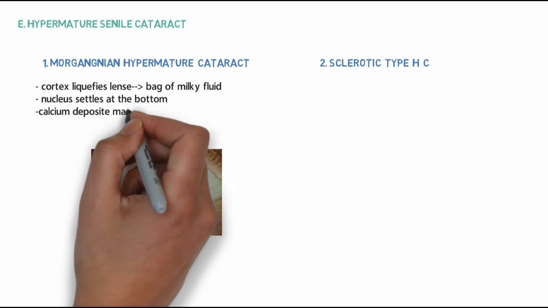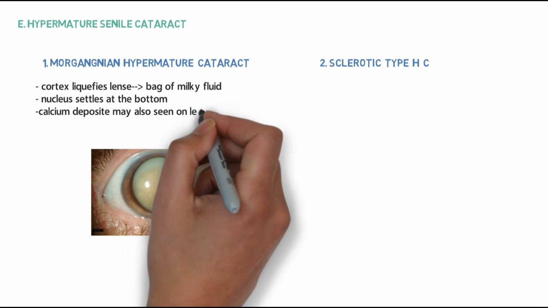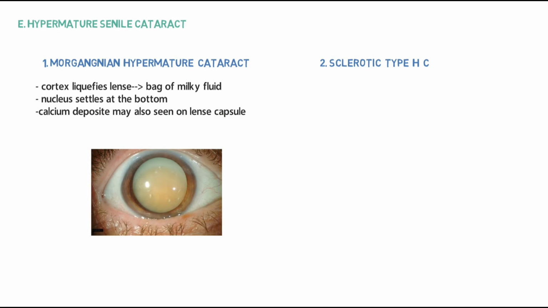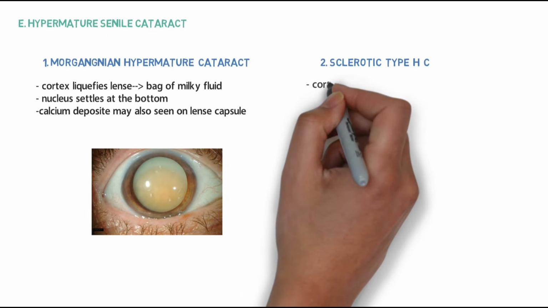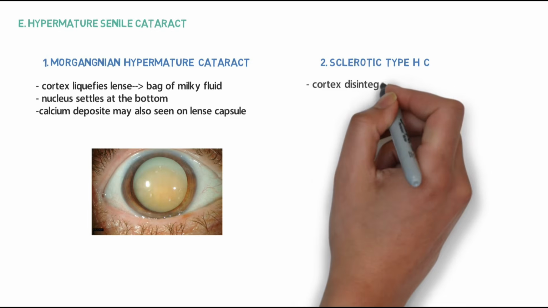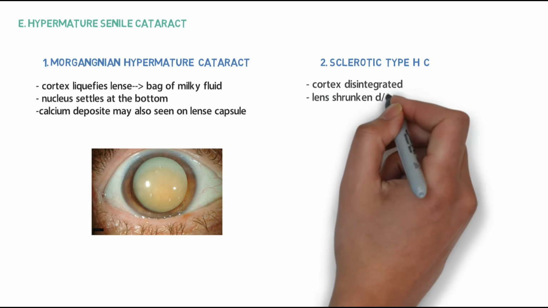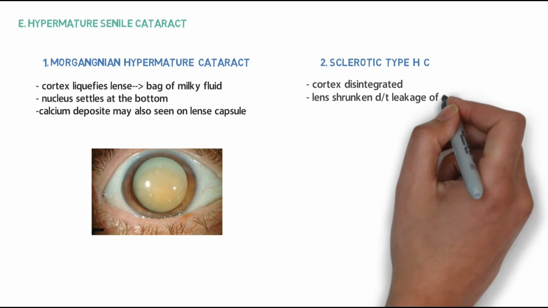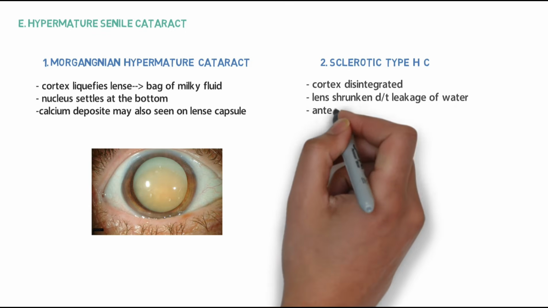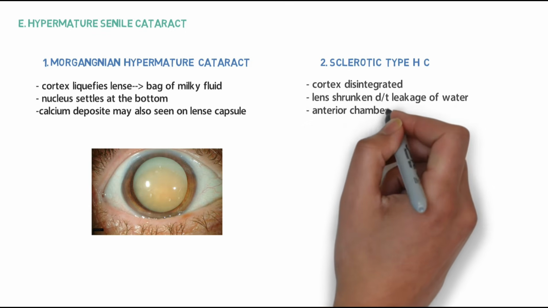The other one is sclerotic type of hypermature cataract, in which the cortex is disintegrated and the lens becomes shrunken due to leakage of water. The anterior chamber may become deep, and due to this there is a tremulous iris.